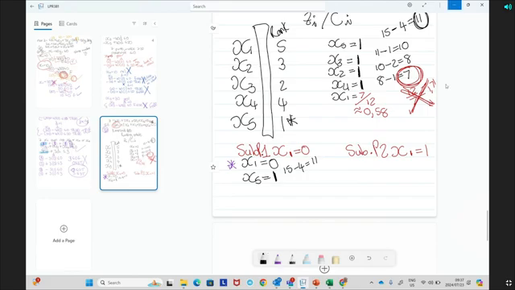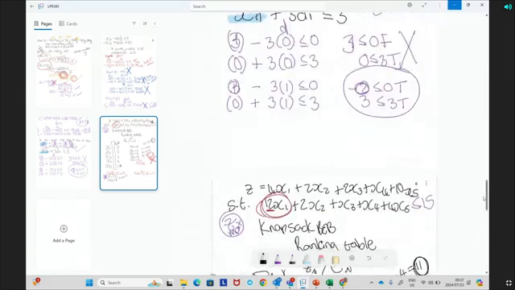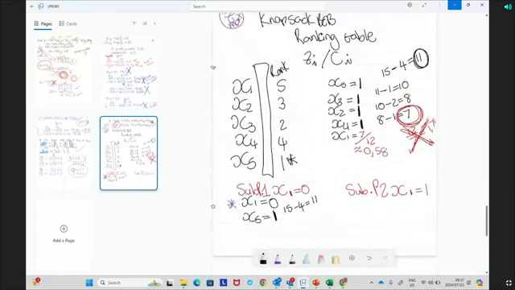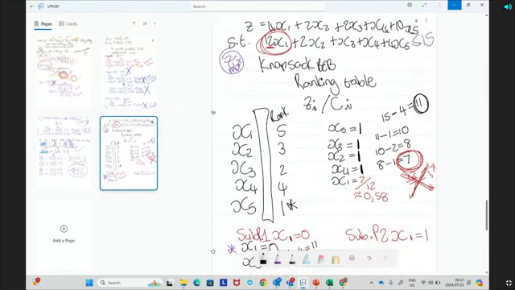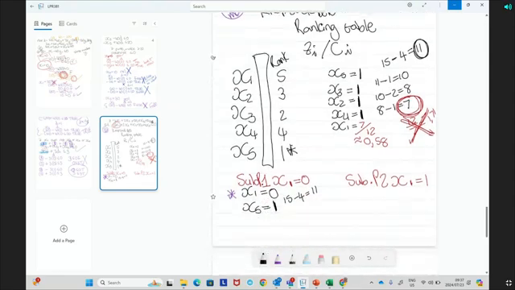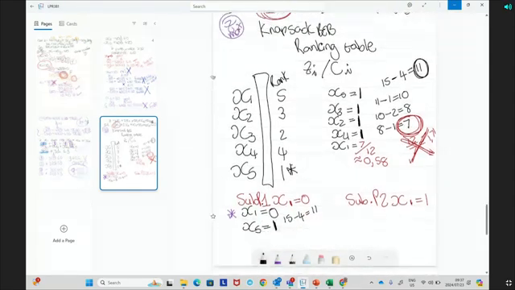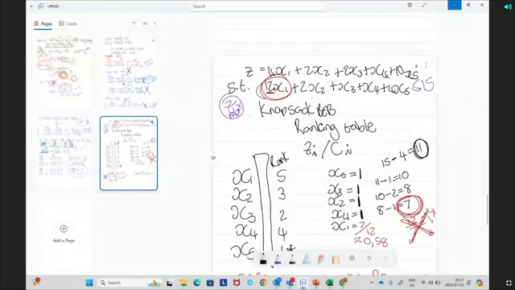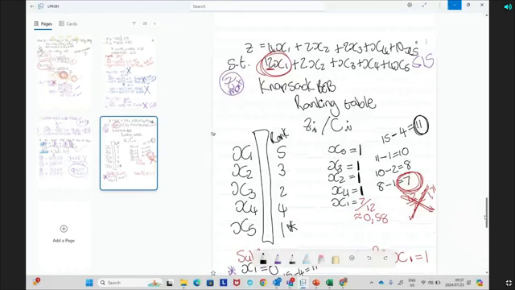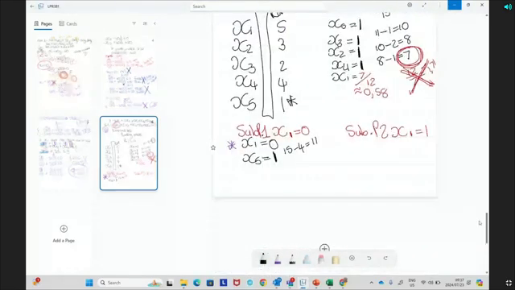You have out of your constraint 15, still 15 left because x1 was equal to 0. So you're not placing x1, so it doesn't take up any space or kilograms. So you still have that 15 for your constraint. Then you go check, okay, what's the amount of kilograms for x5? X5 is a 4. So I go and say out of this 15, it's going to use 4 kilograms out of that 15, and 11 is left for the next item.